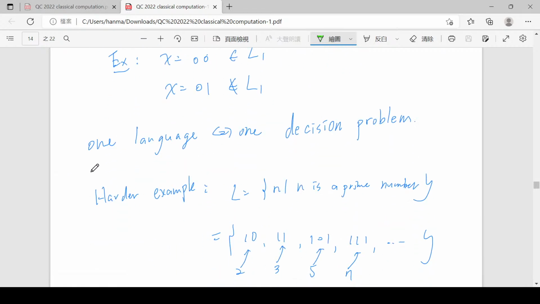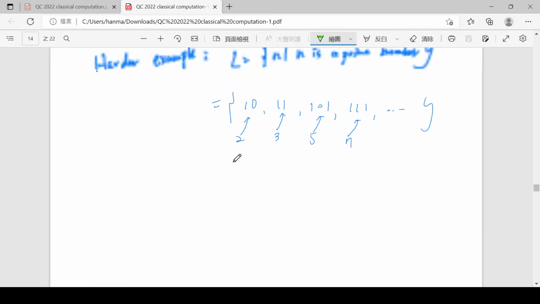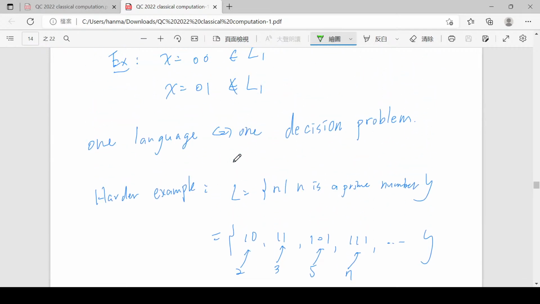And well, there are a lot of things you can do in Boolean function, just like we said. So, for example, we can do primality testing. So basically, you can ask, is your input a prime number?